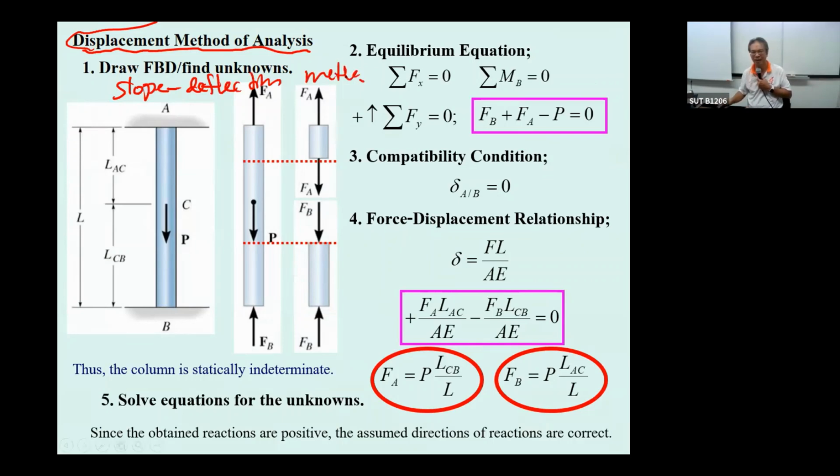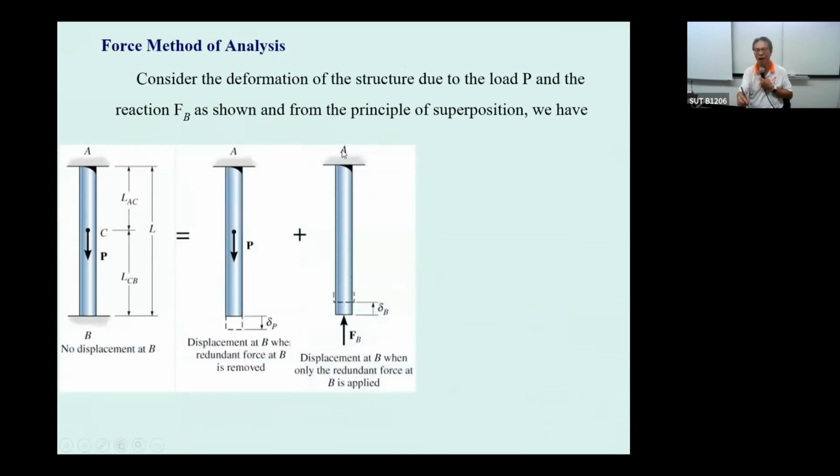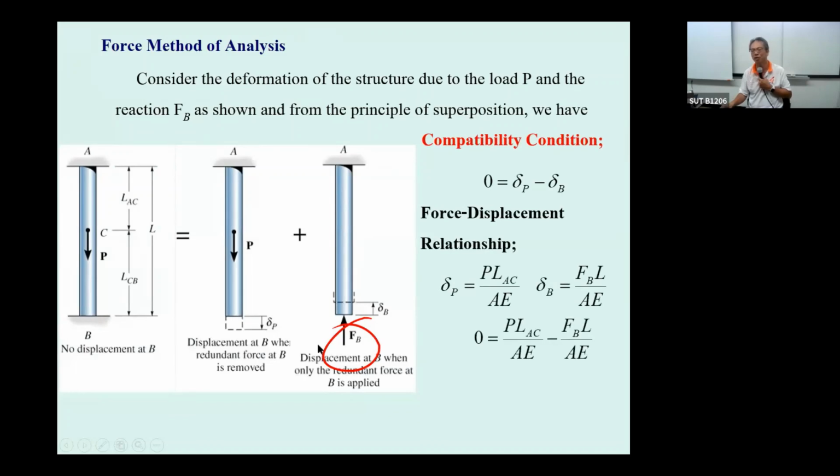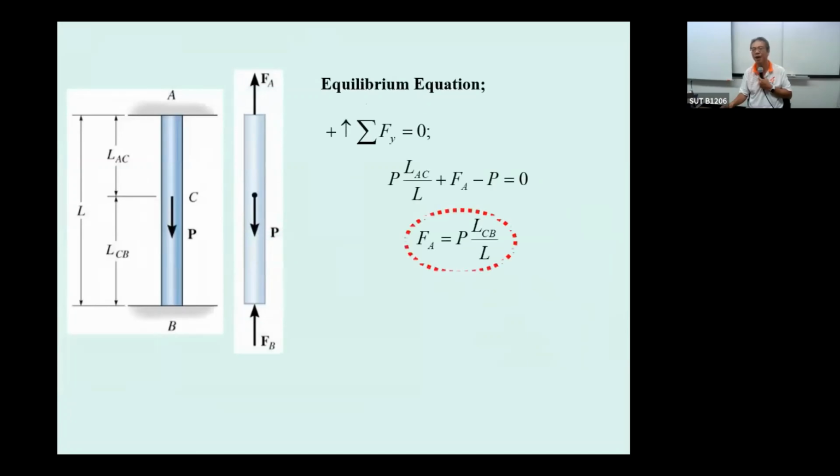Okay, and then go back to the way you know about it. Fourth method, you have F sub B as the redundant, and then you may stop my video and try to solve this one by yourself. Okay, the video can stop anytime.